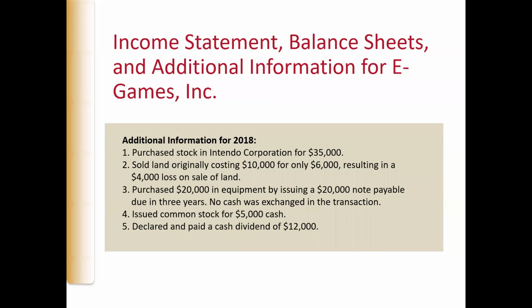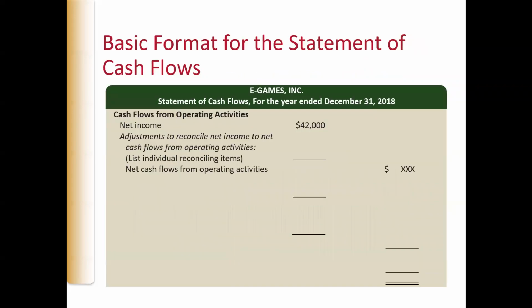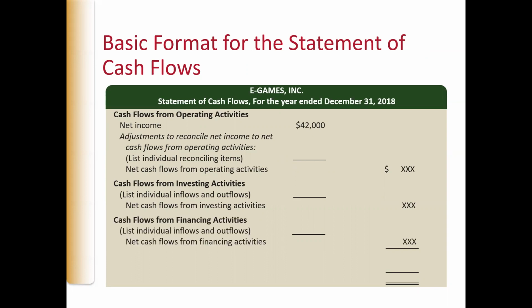Then they provide us with some additional information we will incorporate. So we start with our net income from the income statement. From there, we will make adjustments to net income to come up with our operating activities.